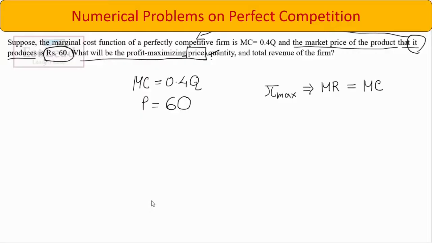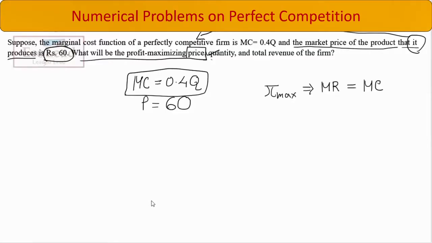Now look at the information. The MC information we do have; we know the marginal cost is given here, and the price of the product is also given.